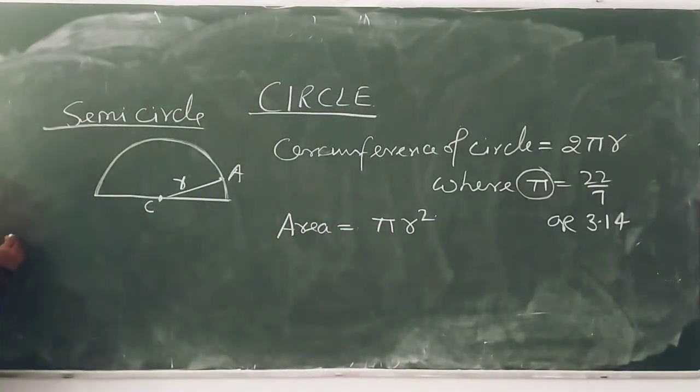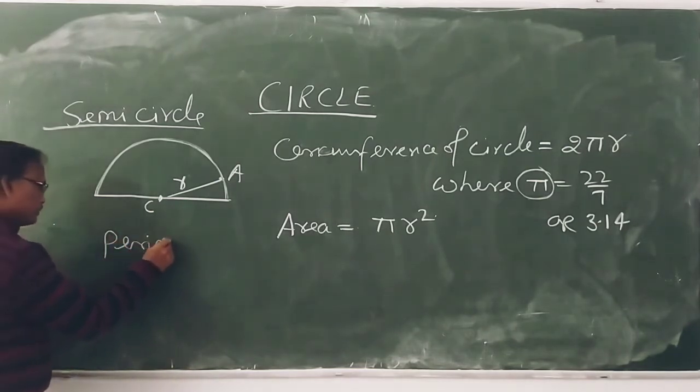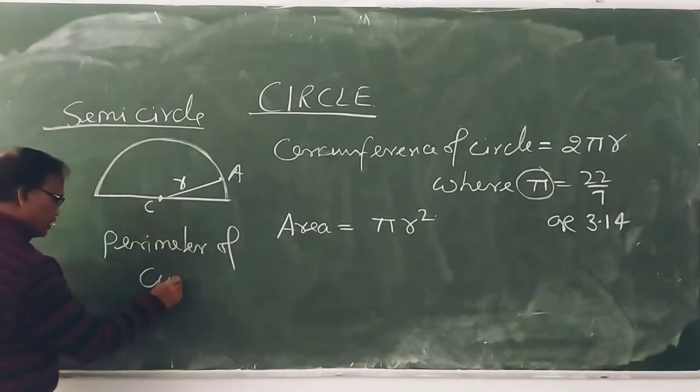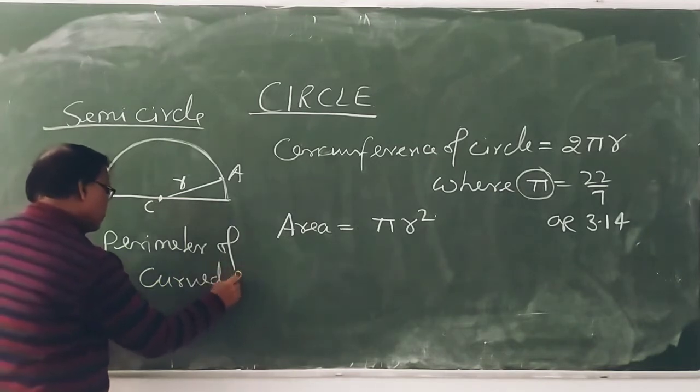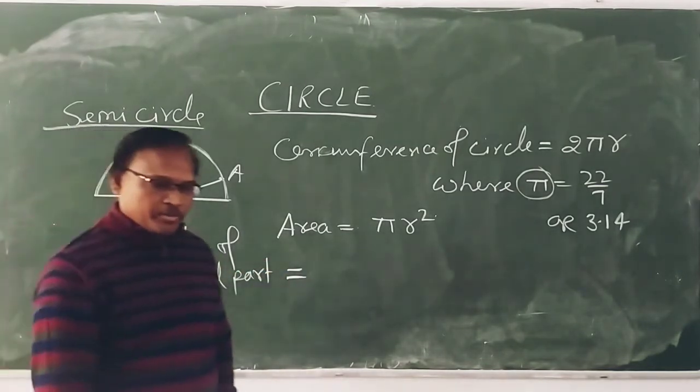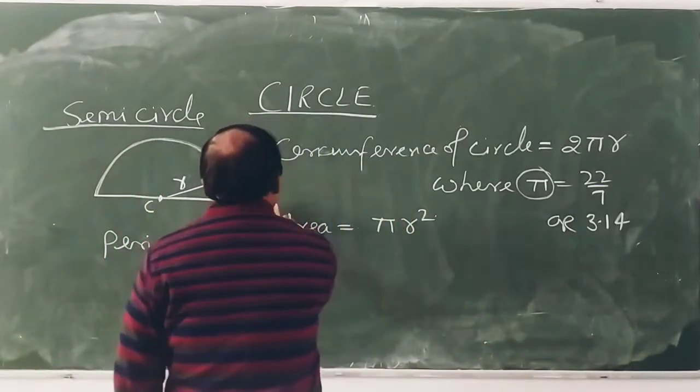In this case, the perimeter of the curved part. There are two types of perimeter in the semicircle, not in the circle.